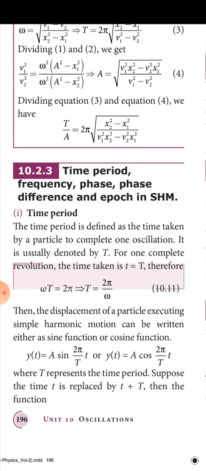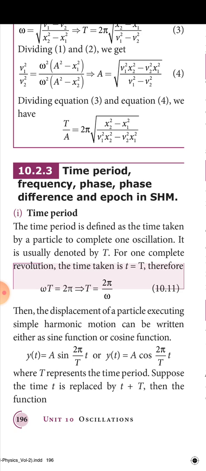Then the displacement of the particle executing simple harmonic motion, we can write as a function of sine: y of t equal to a sin 2 pi by T into t, or y of t equal to a cos 2 pi t by capital T. Here T represents the time period.